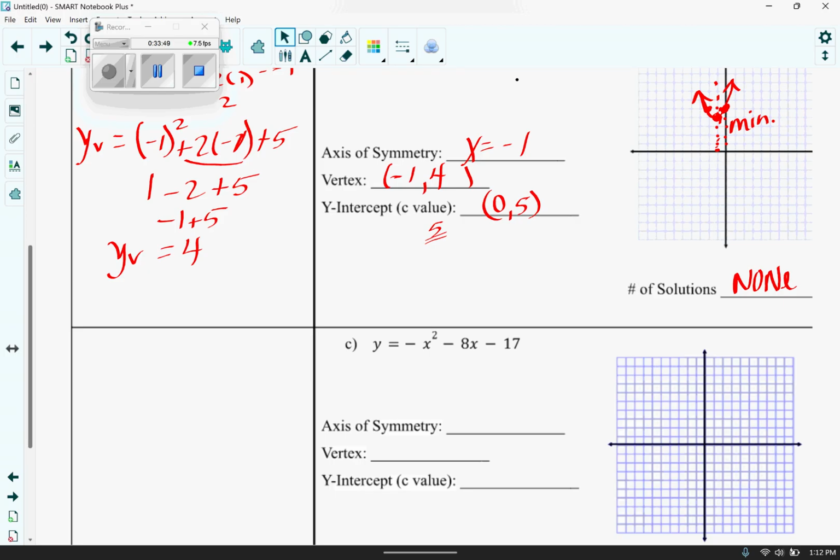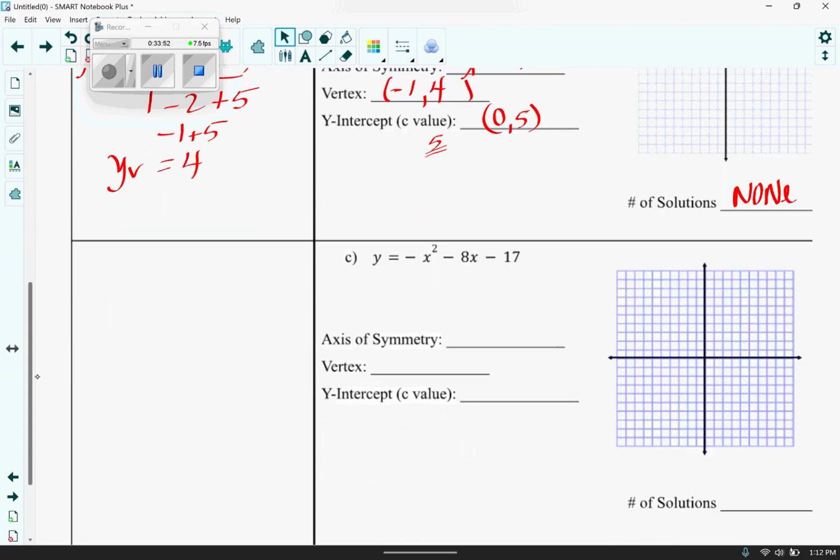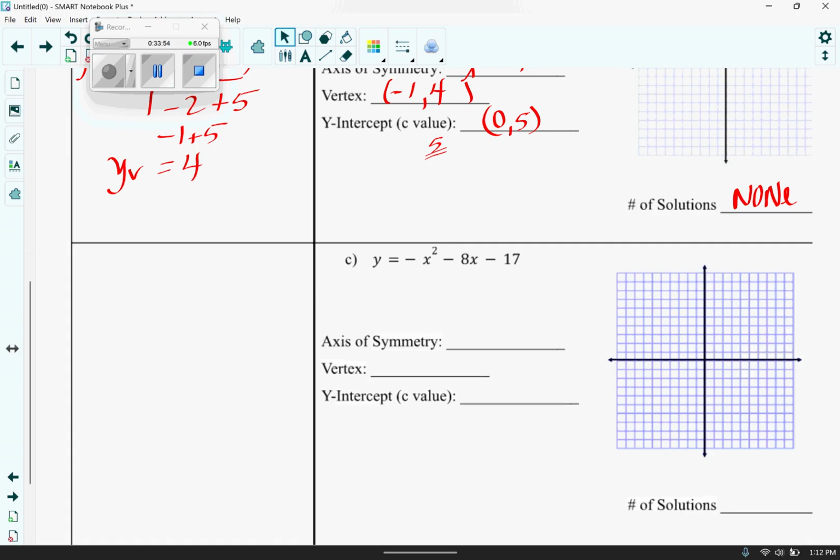And then the last one, I have a value negative 1, b is negative 8, and c is negative 17. Well, we can't fit negative 17 on here, but we know that y-intercept is negative 17, or 0, negative 17. So x value of the vertex is opposite of negative 8 over 2 times negative 1, which gives me 8 over negative 2, which is negative 4.